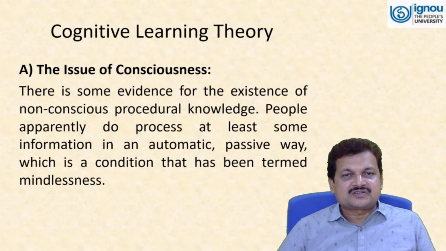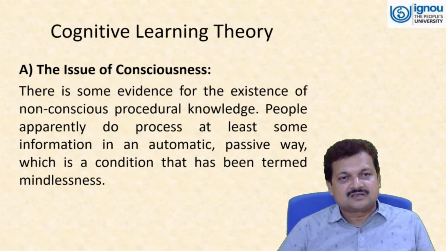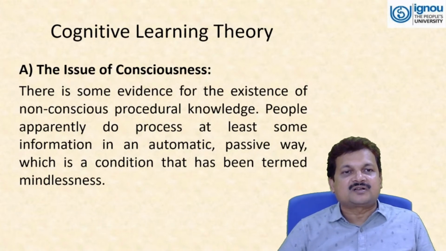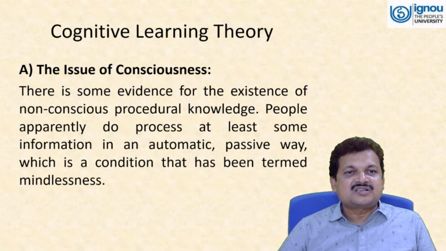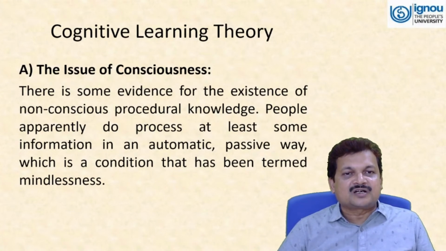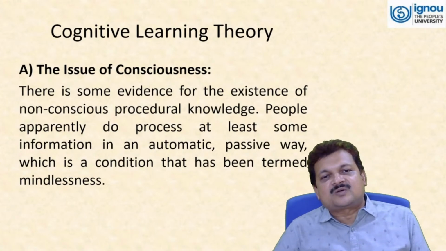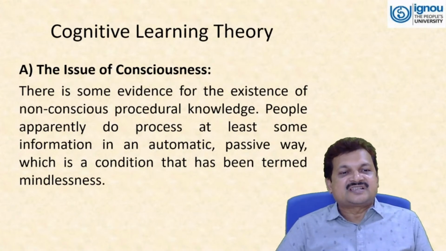You are fully conscious, you know it very well, and you make decisions on the basis of the reason why something happened, and you take the evaluation of that. So the conscious stage is mostly where you analyze properly, verify, and after that take the decisions. In non-conscious procedural knowledge, people apparently do process at least some information in an automatic, passive way.